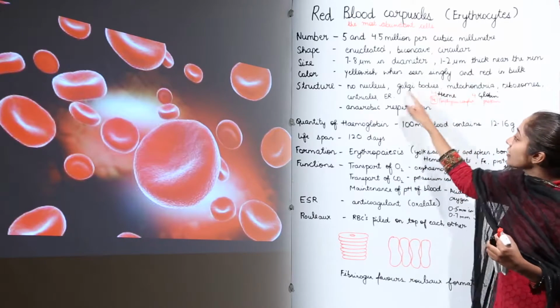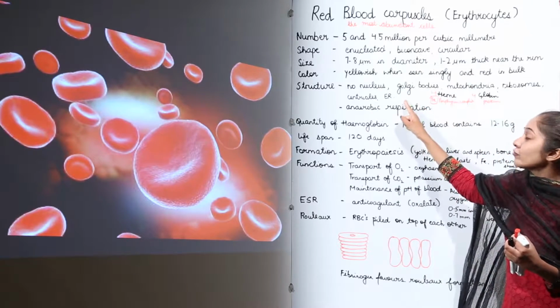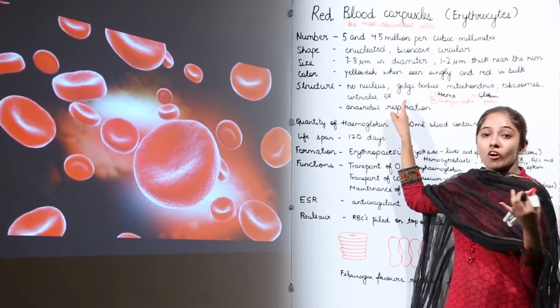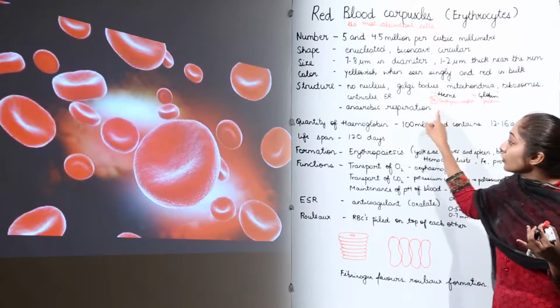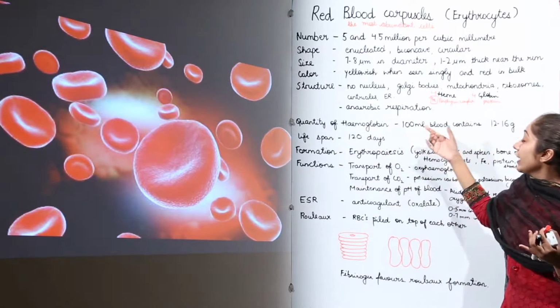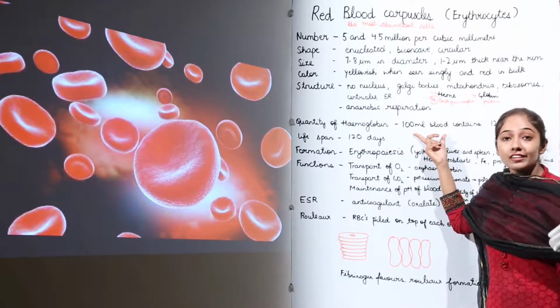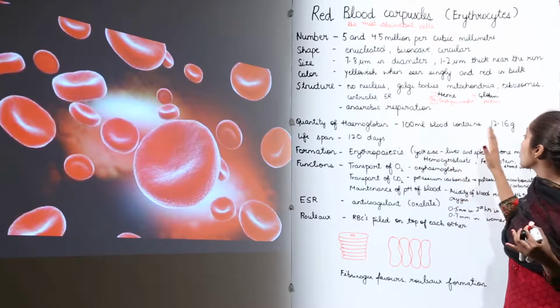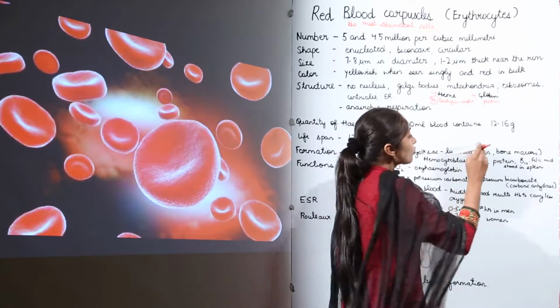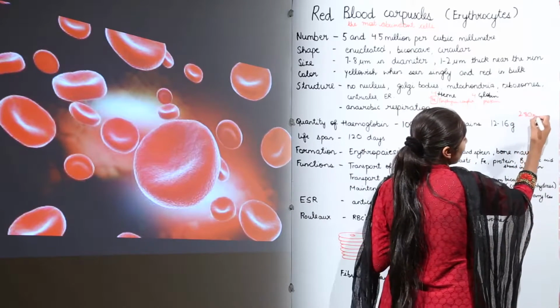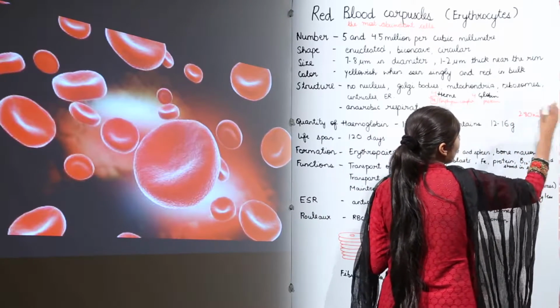The absence of these organelles provides more space for hemoglobin molecules. If we talk about the quantity of hemoglobin, in a healthy adult, 100 ml of blood contains 12 to 16 grams of hemoglobin. One RBC contains 280 million hemoglobin molecules.